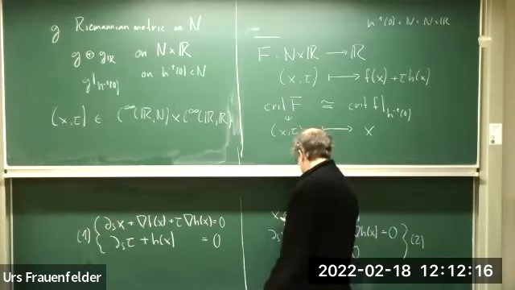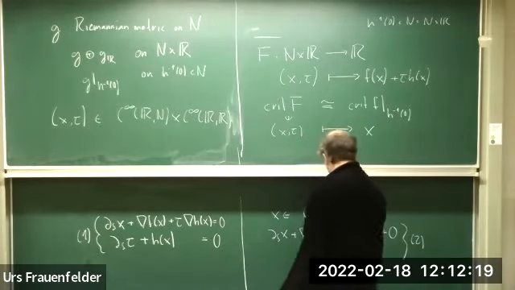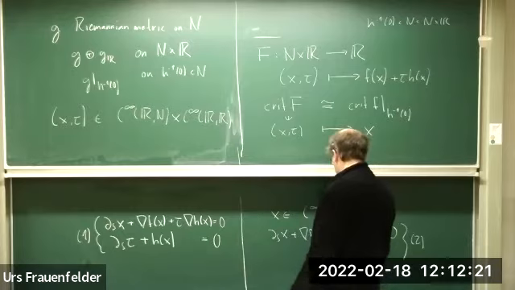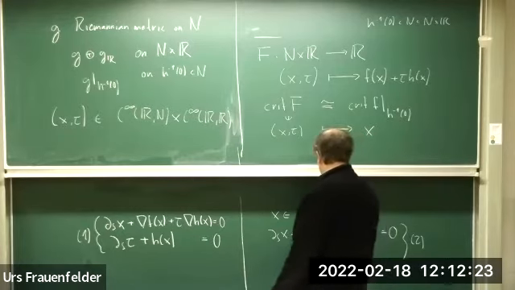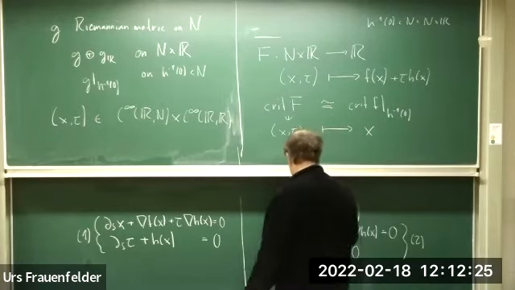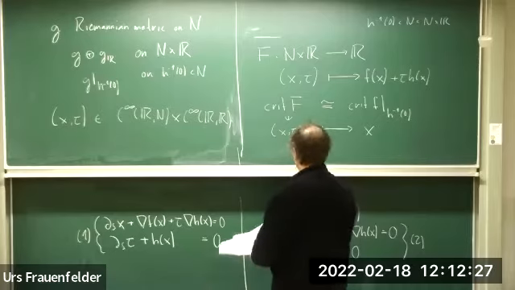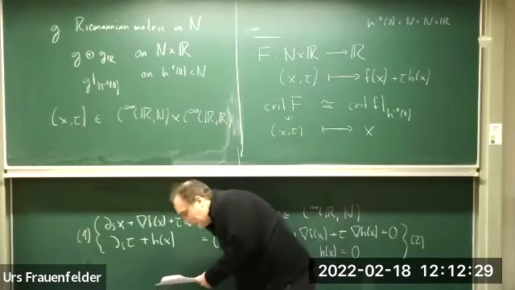So I didn't write it here in the data. So we have also a tau as dependent variable, but this we can compute directly with the help of x, as follows.